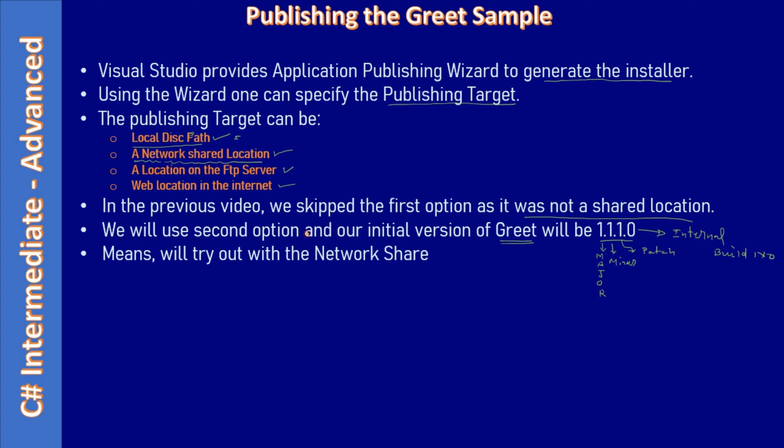So we will use the second option, and our initial version of greet will be 1.1.0. That means we will try out with the network share. So we are going to use this second option.